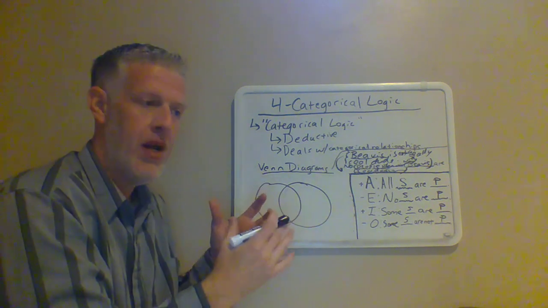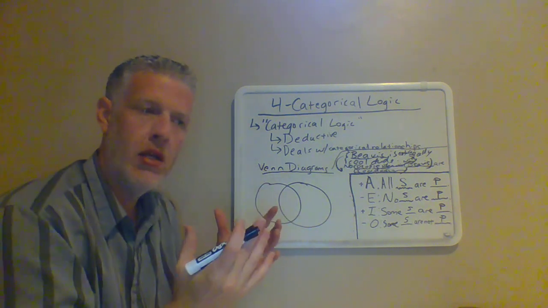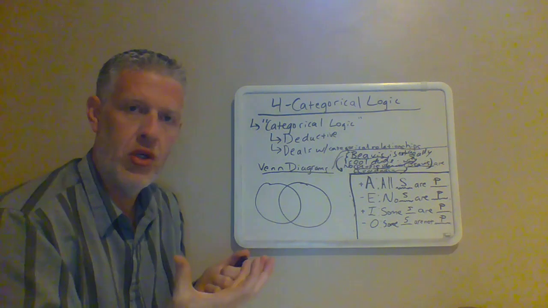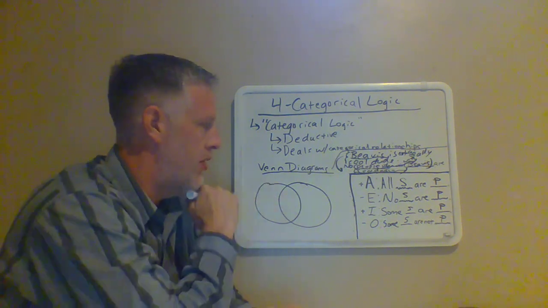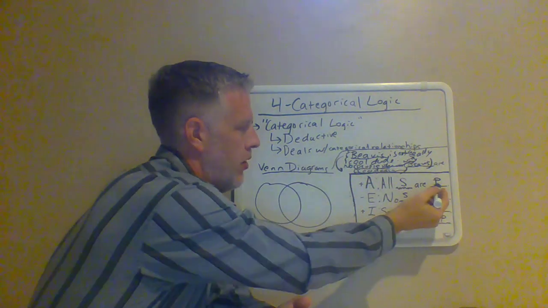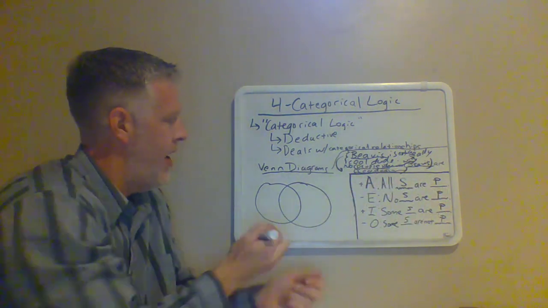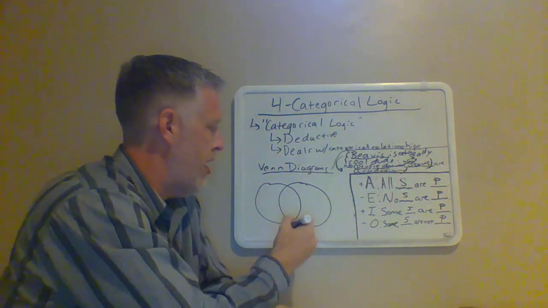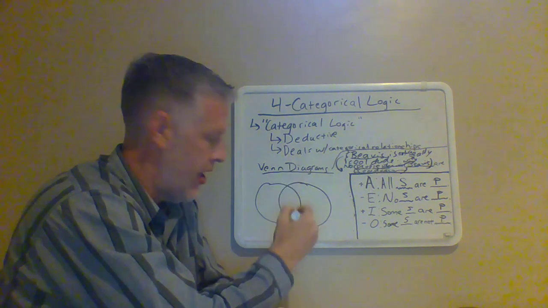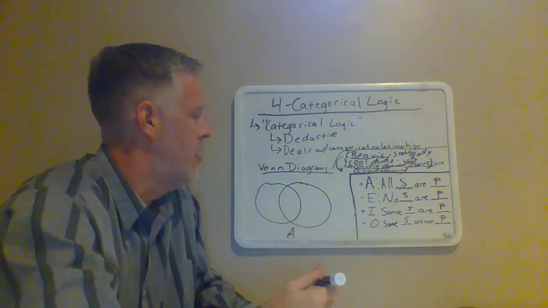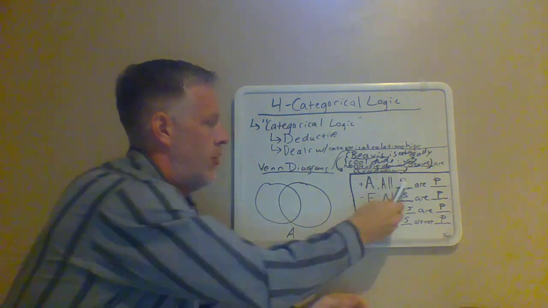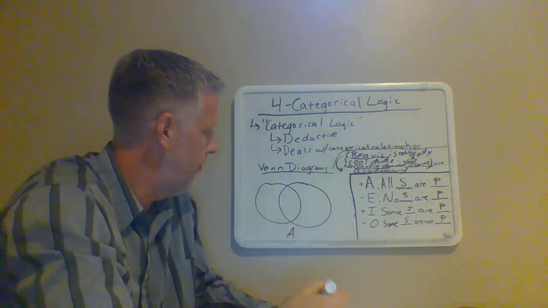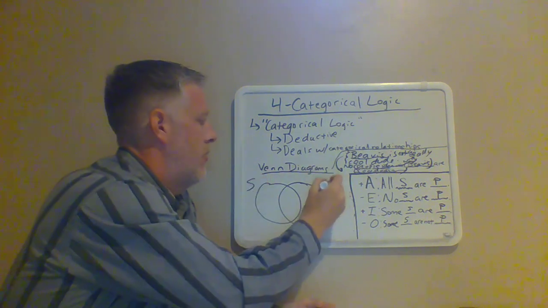So what we're doing with this diagram is portraying the underlying logical structure of what's being said. Okay, so why do we have 2 circles? Well, because we have 2 categories of things, right? So if I'm illustrating a standard form A claim, I need 2 circles because I'm representing 2 different categories or classes of things, S and P, right?